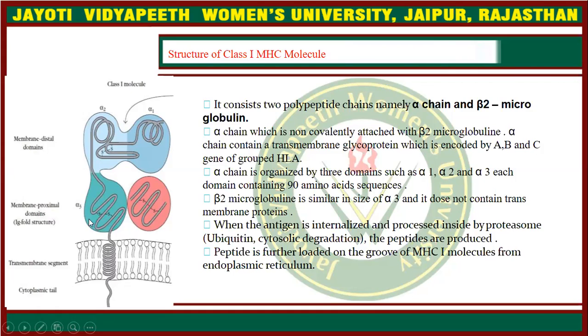Both are outside the cell, on the surface of the cell. The region which crosses the cell membrane is the transmembrane segment, and the region inside the cell is the cytoplasmic tail.